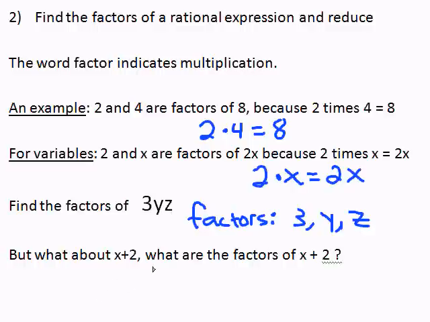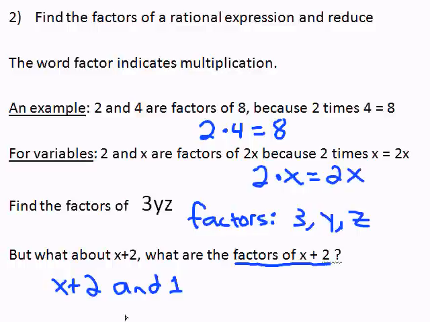But what about x plus 2? What are the factors of x plus 2? Looking at it, do you see any multiplication for x plus 2? I don't. So the only factors of x plus 2 are x plus 2 and 1.